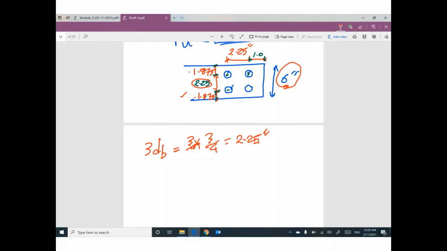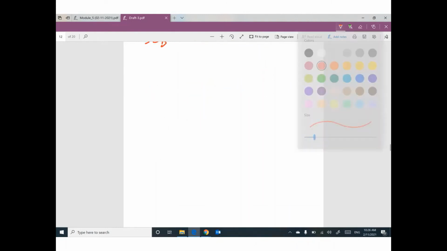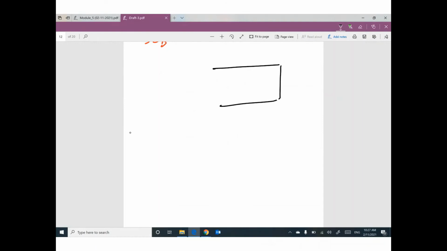If it was actually bigger than 6, you can't decrease it, can you? Okay, it's a good question. You have 4 bolts. If you are trying to put your 4 like this, and you found the minimum distance between this one and this one is 2.25, and the minimum distance here is 1, and the minimum distance here is 1, and unfortunately, this width is 4.